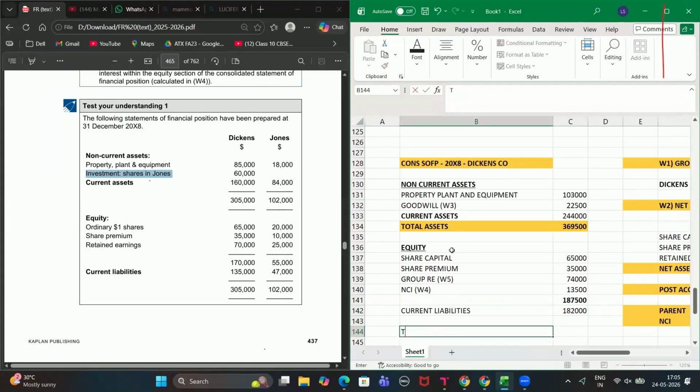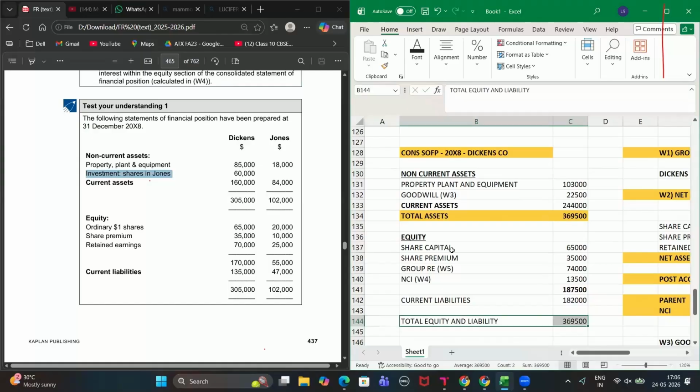I want the total equity and liability. How much is it? Is it clear, guys? Assets is equal to equity plus liability. Got it?